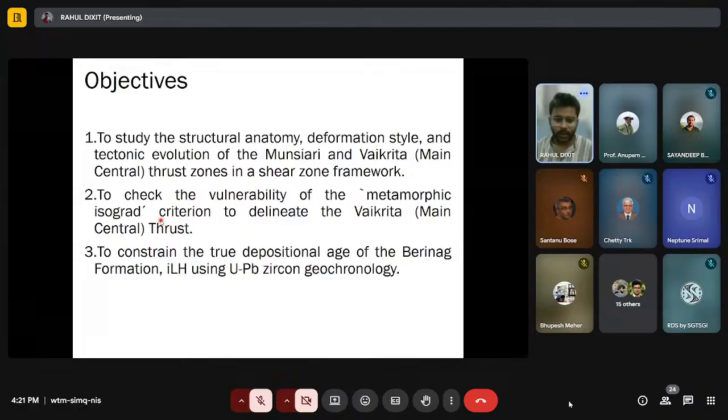So we'll do a check on this criteria also. And the third one is to constrain the true depositional age of the Berinag formation. Basically, we have focused on the Munsiari depositional history, which will be achieved through the third objective.